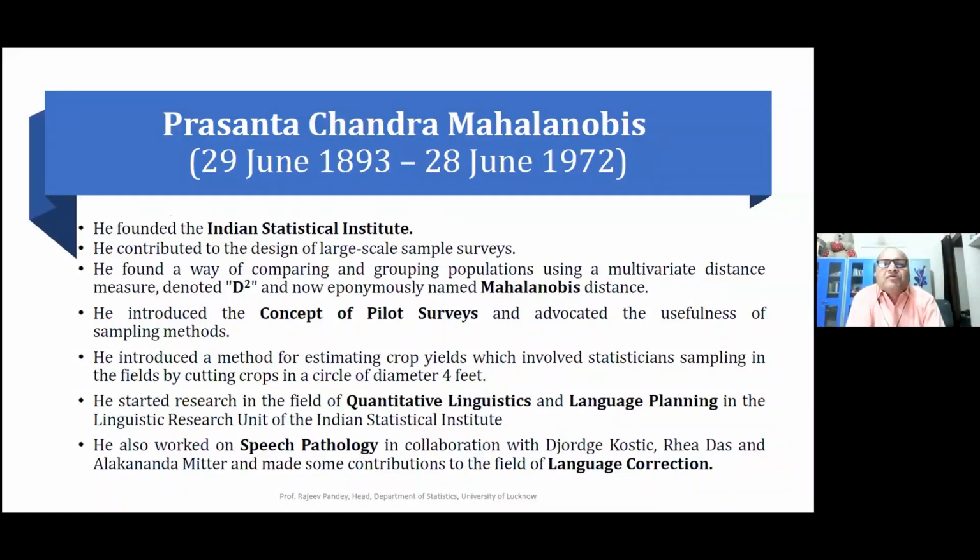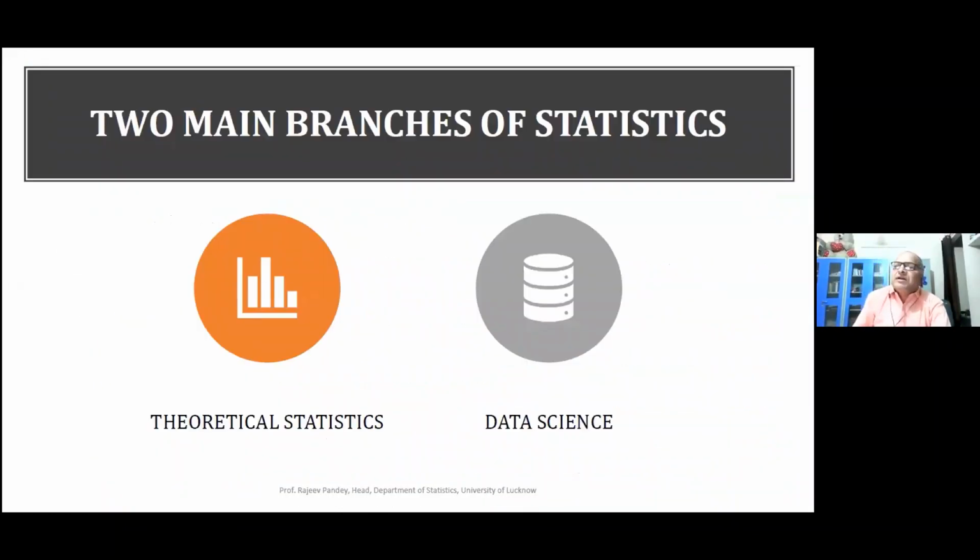Now, I just want to suggest that in the present scenario, there are two types: theoretical statisticians and data scientists. What is the difference between the two? Theoretical statistics is basically the traditional approach. You get a mathematics foundation and then study the pure areas of statistics.